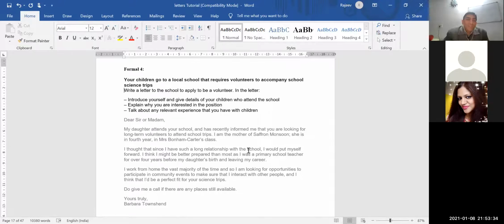But yes, an informal and a formal are two diagonally opposite situations, absolutely different. You cannot write an informal letter in a formal tone or a formal letter in an informal tone. But between semi formal and formal, there's a very thin line.